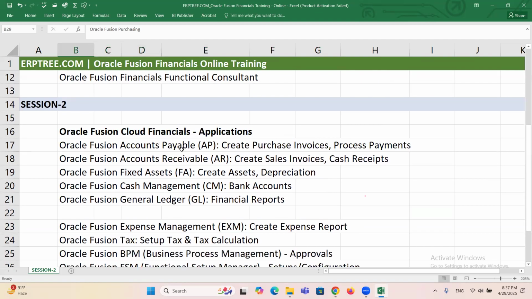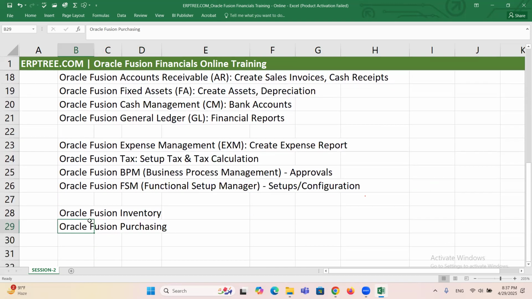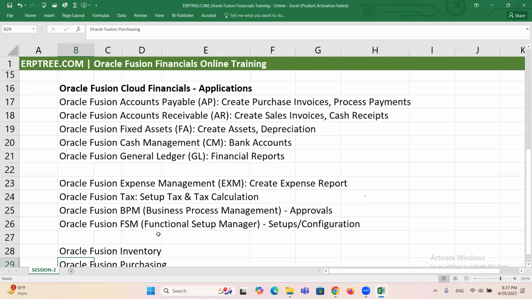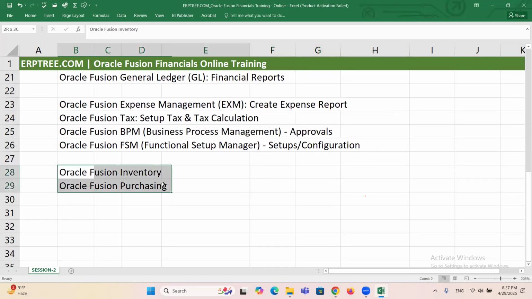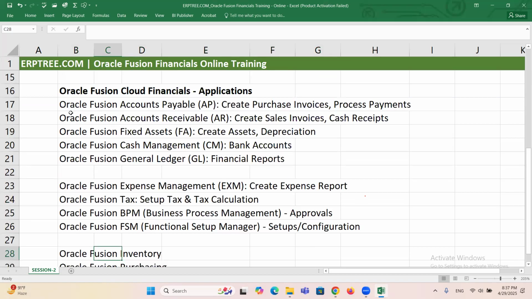So when we are learning payables, we will go through purchasing, and inventory is connected with purchasing, which is connected with payables. As part of the process, we will go through those. When we run the classes on payables, at that time we will come across these two applications. And inventory is connected with receivables also. When you do sales, whatever items you have in the inventory, only those we sell to the customers.